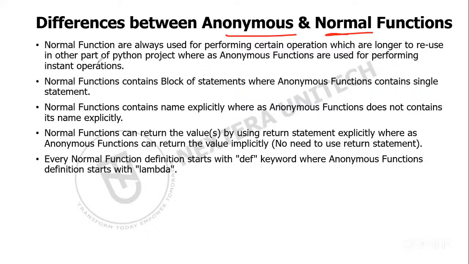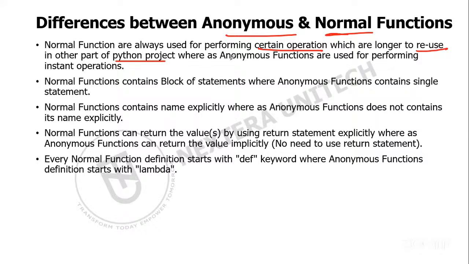Right? Yes. Normal functions are always defined for performing a certain operation, and we'll be reusing them in other parts of our script, in other parts of our Python project.